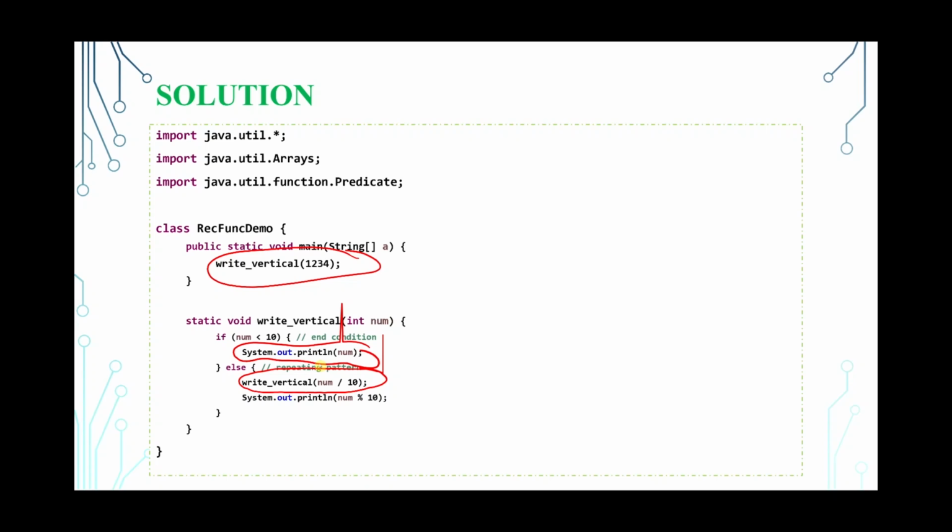When you divide 1234 by 10, what is the result? Now you would think that the result is 123.4. No, it's not. You're wrong. Why? Because the result is just 123.